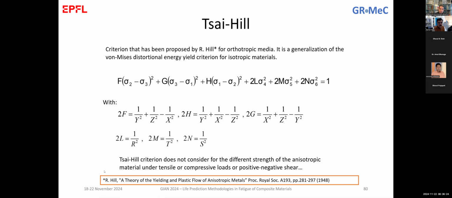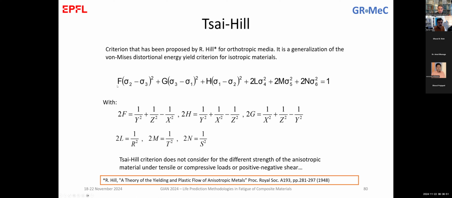And as you see here, what we already discussed is that this failure criterion is considering all the stress components of the stress tensor. So sigma 1, sigma 2, sigma 3, and the shear stresses sigma 4, 5, and 6. So actually, this is what we introduced yesterday, an interaction failure criterion.